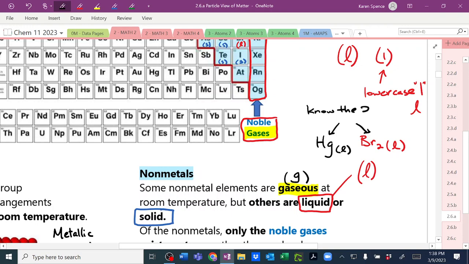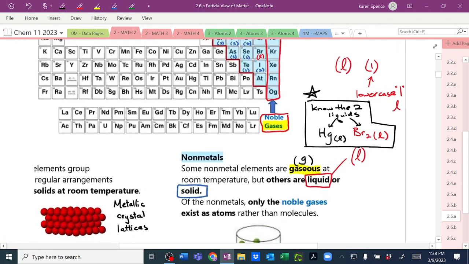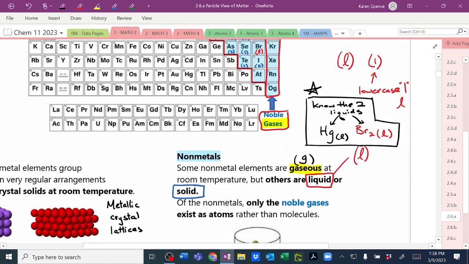So know the two liquids: mercury and bromine.